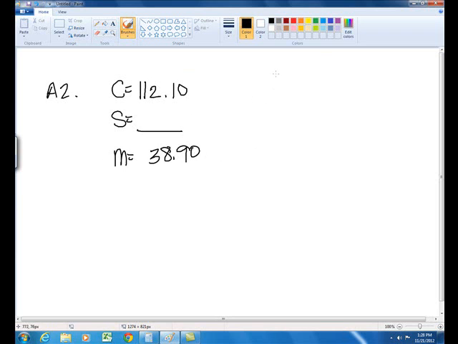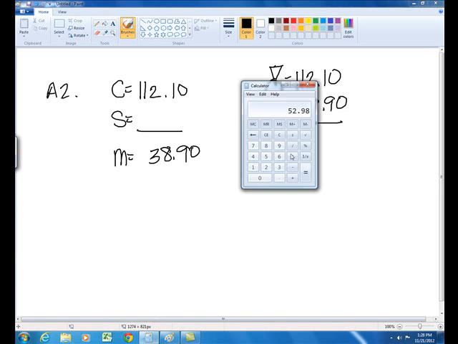So let's say I've got my ring and it costs me $112.10. I want to make $38.90 every time I sell it.